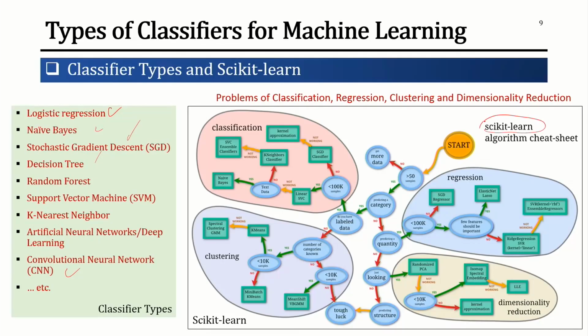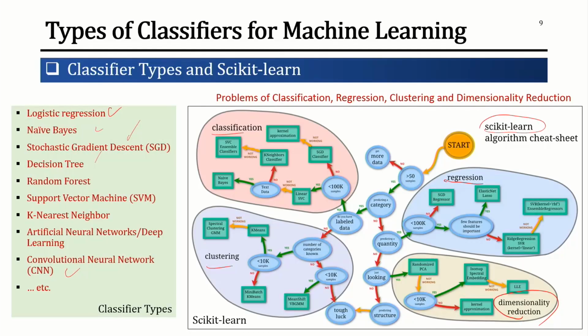It provides a way to use many possible algorithms, ranging from regression problems, classification, clustering, and dimensionality reduction. So in scikit-learn, it provides many possible classifiers that we can use. However, we should choose the appropriate algorithm to be used based on our requirements.